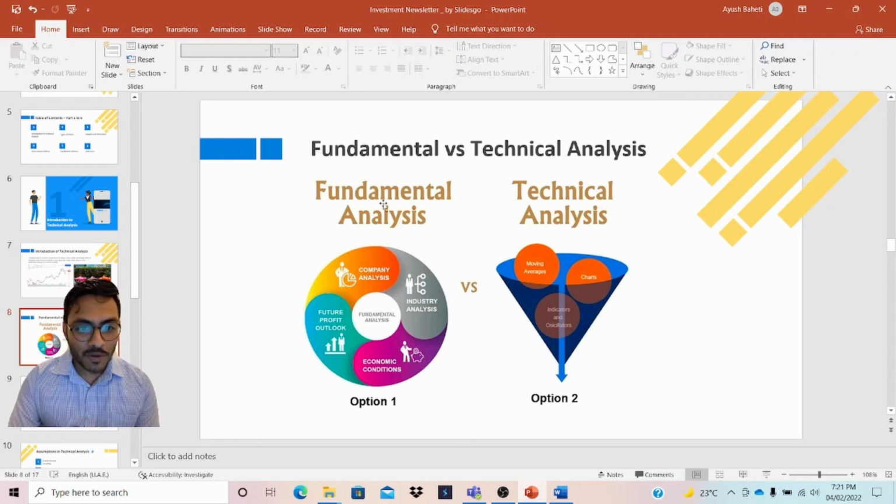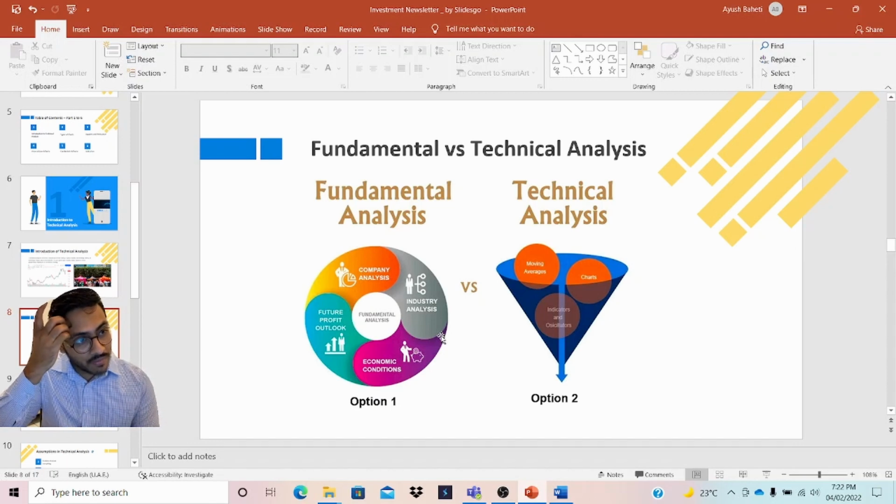Now option 1, fundamental analysis, if we talk in terms of selecting a stock or choosing which commodity to buy. In this example I have considered the fundamental analysis of a stock. When you do your fundamental analysis on a stock, what you do is you see what the company does, what is its business model, what its past performance is, what is its expectation of future. You also do industry analysis.